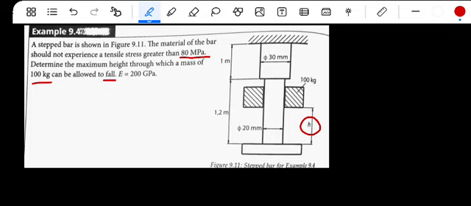So we want that h. How can you go about that?